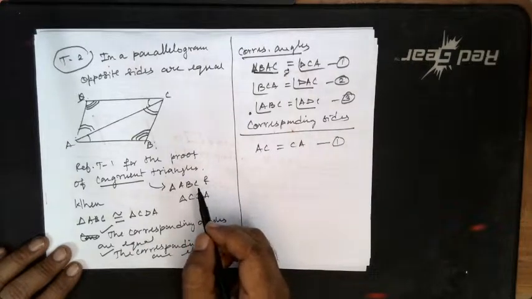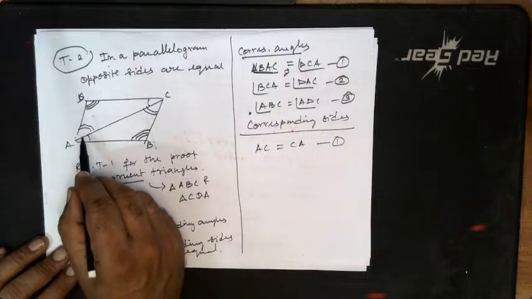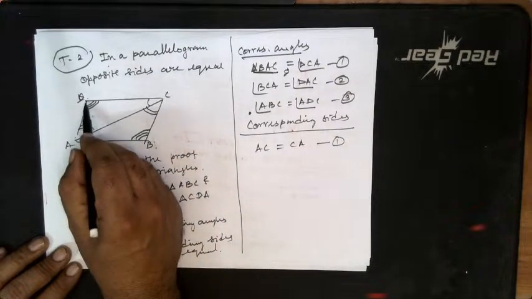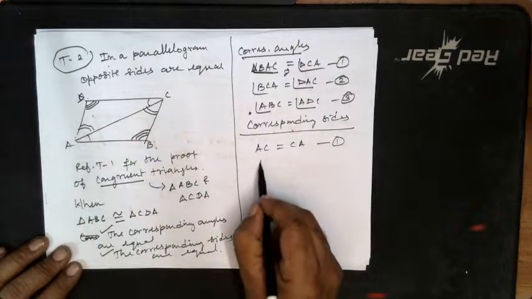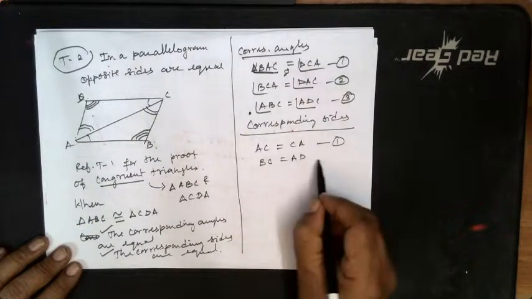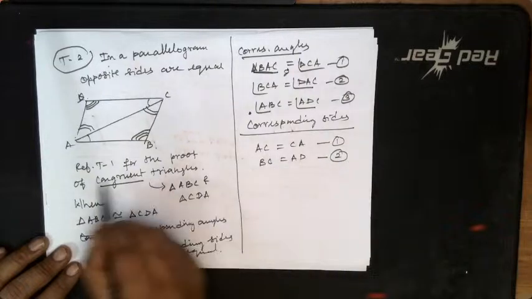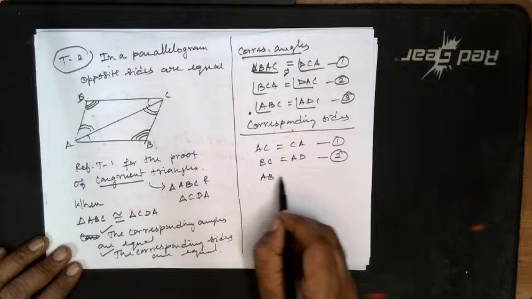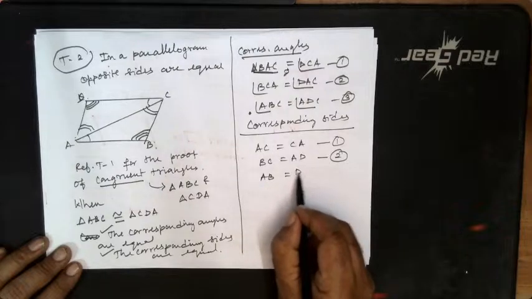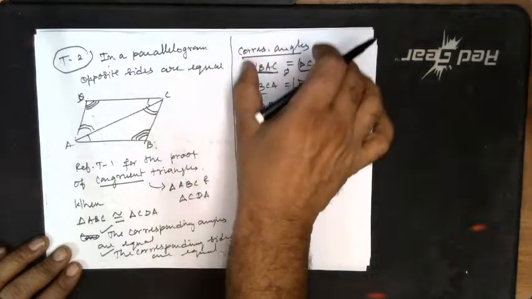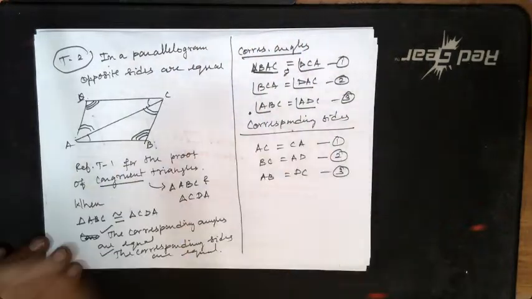And then here the BC is equal to AD, the second corresponding side. And the third pair of corresponding sides, AB is equal to DC. Okay, so these are all the properties of congruent triangles.